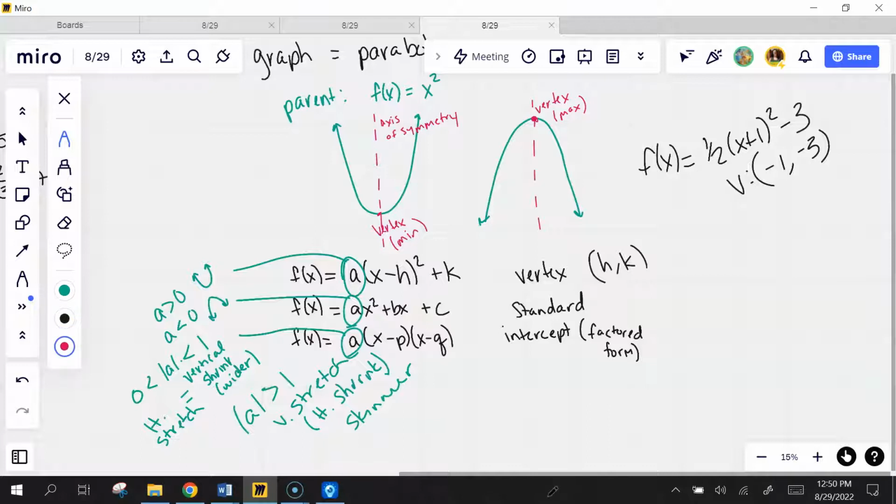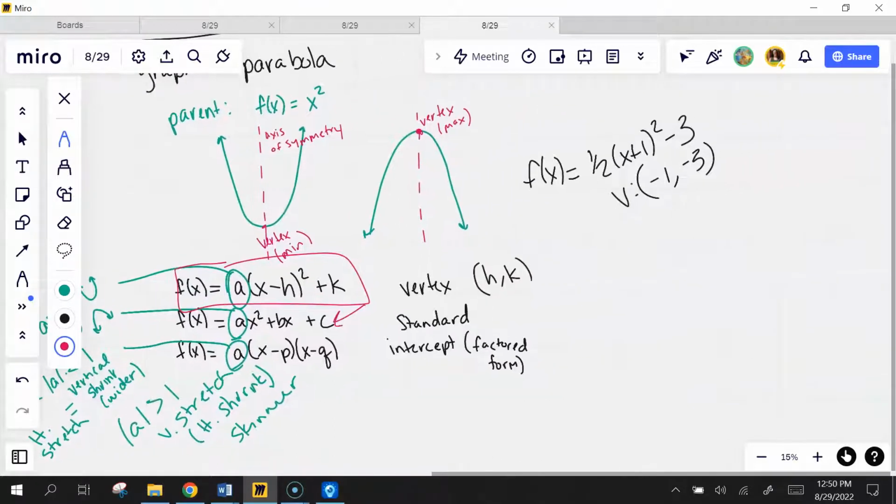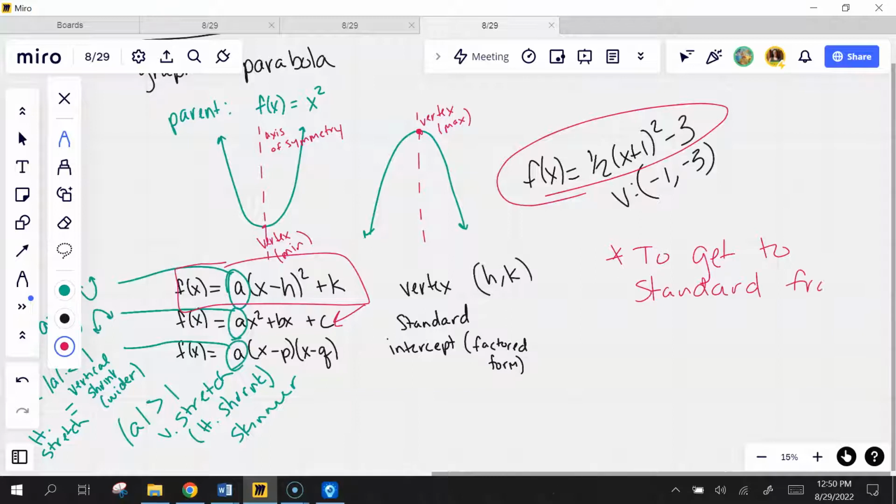I'm assuming that you can take this form and put it in standard form. If I wanted to put this in standard form, to get to standard form from any other form, all I have to do is FOIL, right?